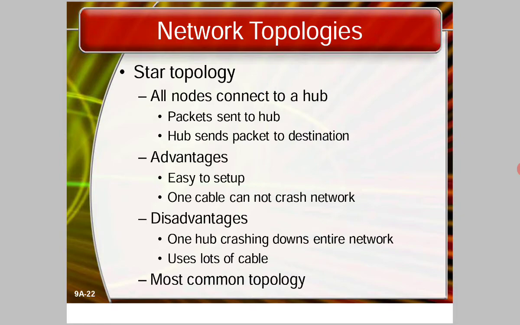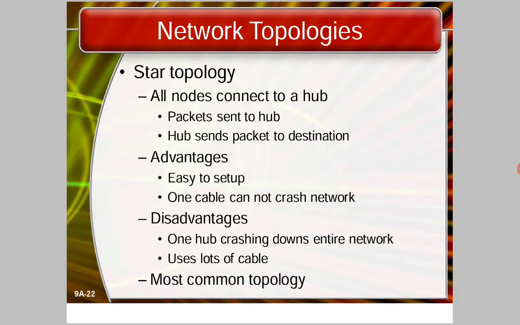So in the star topology, all the nodes, or all the workstations, or all the PCs or clients, are connected to a central system or a central hub. What is a hub? A hub is a network device.